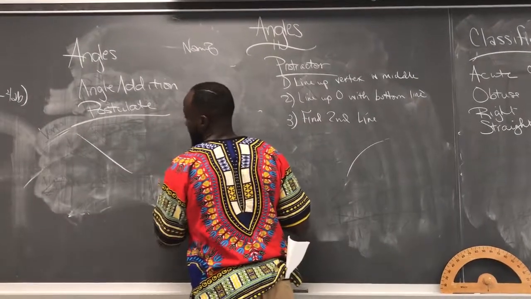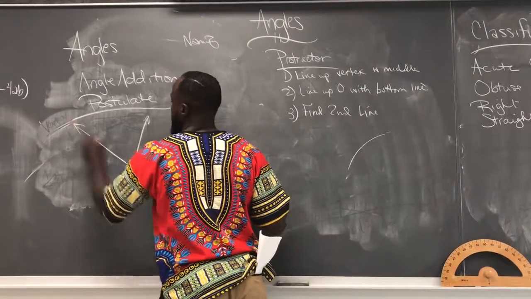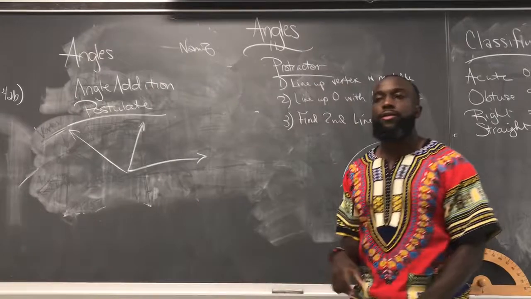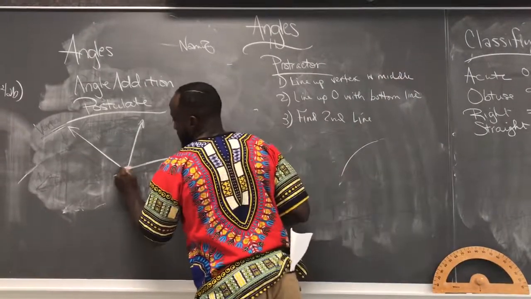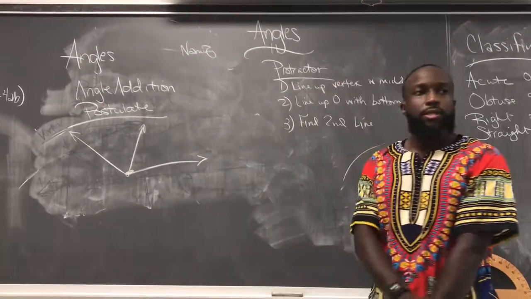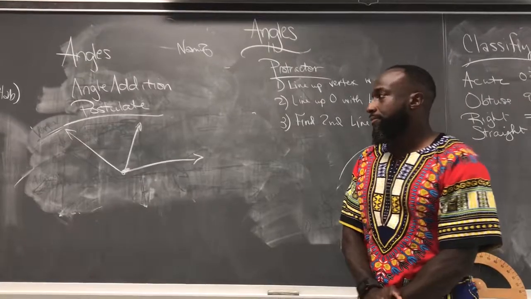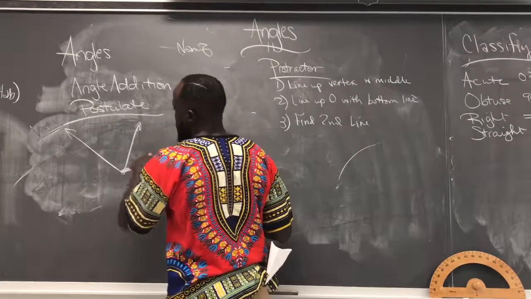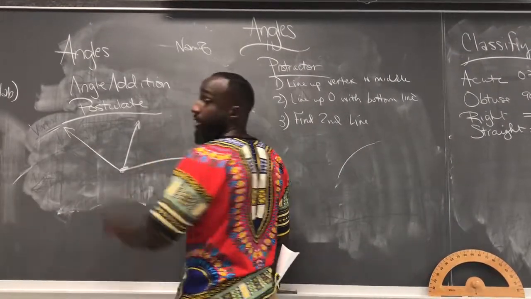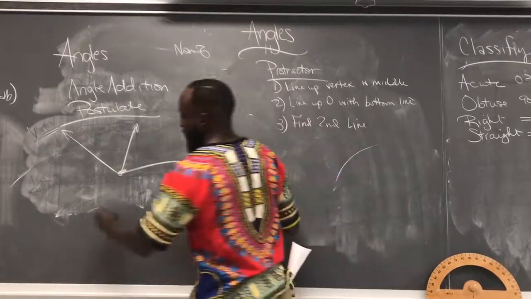And that basically means that if I have angles that are connected to each other, that share the same vertex, angle addition means I could add these two angles together to get the sum of the big angle. All right?